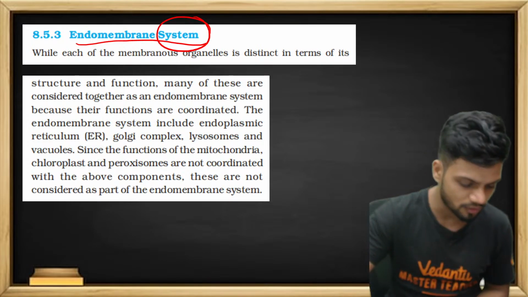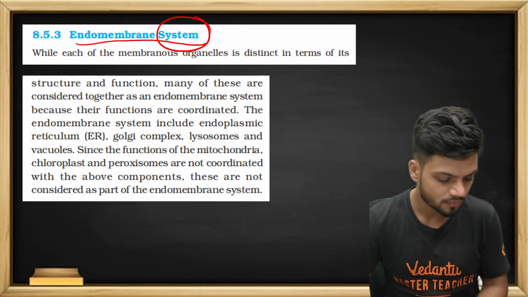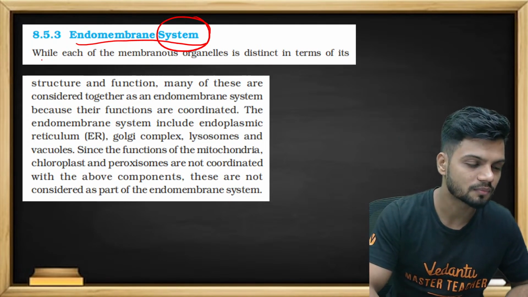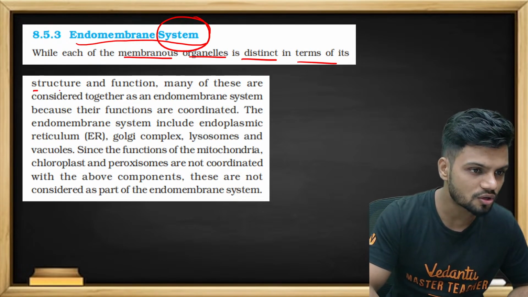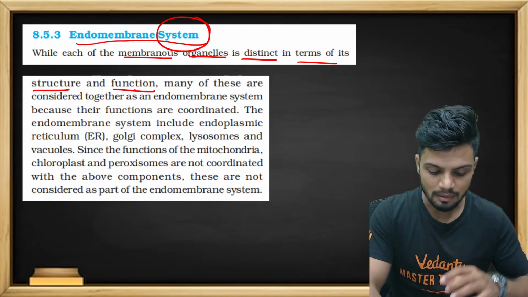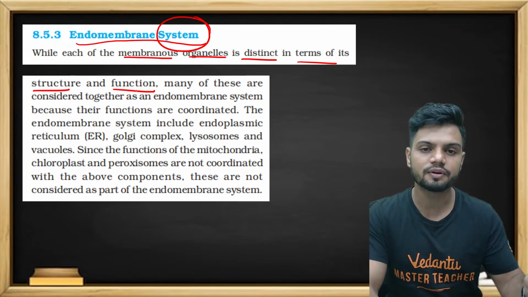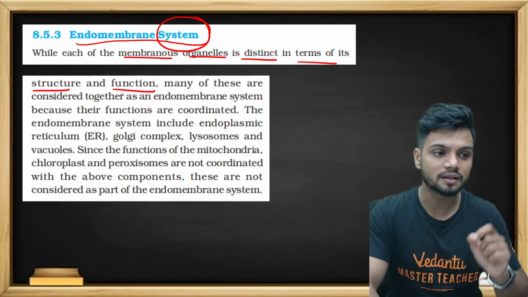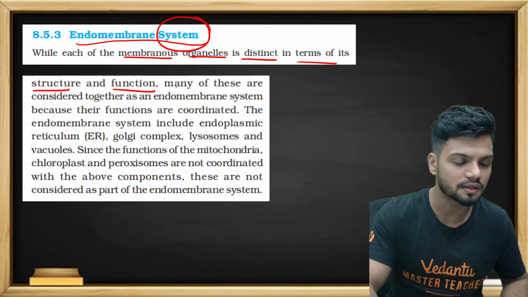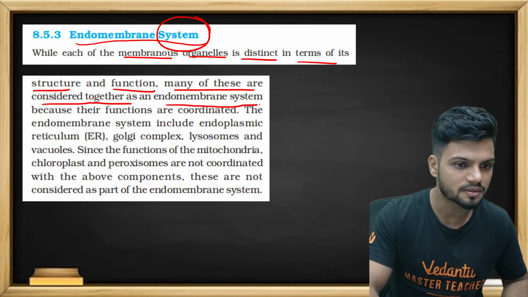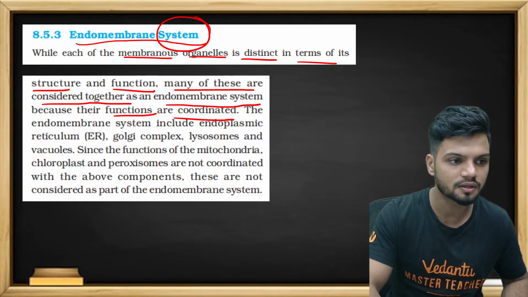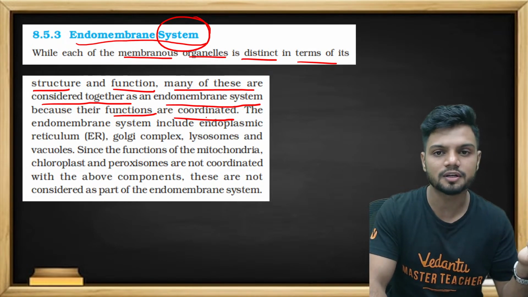So here also you have endomembrane system. While each membranous organelle is distinct in structure and function, the members of the endomembrane system are considered together because their functions are coordinated. Structurally they might be different, but their functions are coordinated.